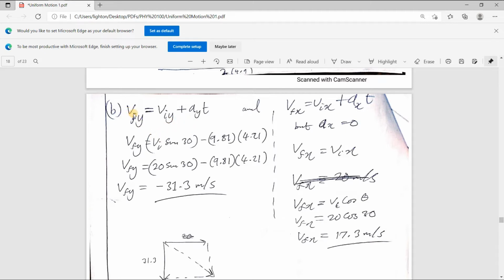So vfy is equal to viy plus ayt. Now viy is just equal to vi sine 30. This is the initial velocity in the y component, or the vertical component of velocity. So vi sine 30 minus acceleration in the vertical axis, which is just gravity, minus 9.81.